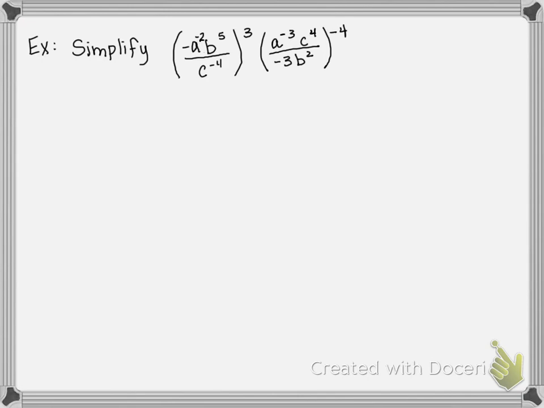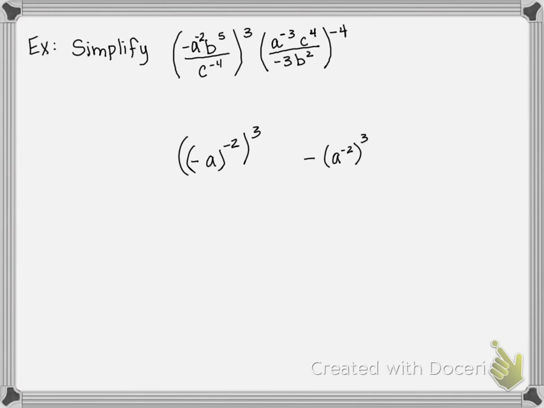And so I can't think of this as this, and I also can't think of it as this, right? The 3 has to apply to the negative and the a to the -2, but the -2 only gets to apply to the a.